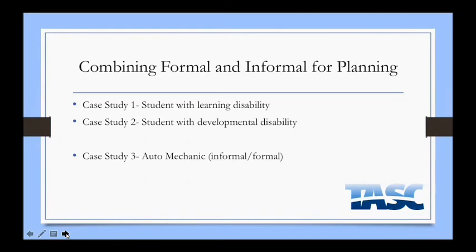It's really important that we combine formal and informal assessments for planning for students. Teachers and parents can develop a wide variety of performance tasks that simulate real-world job tasks that students can perform to assess knowledge, skills, aptitudes, as well as their career interests.